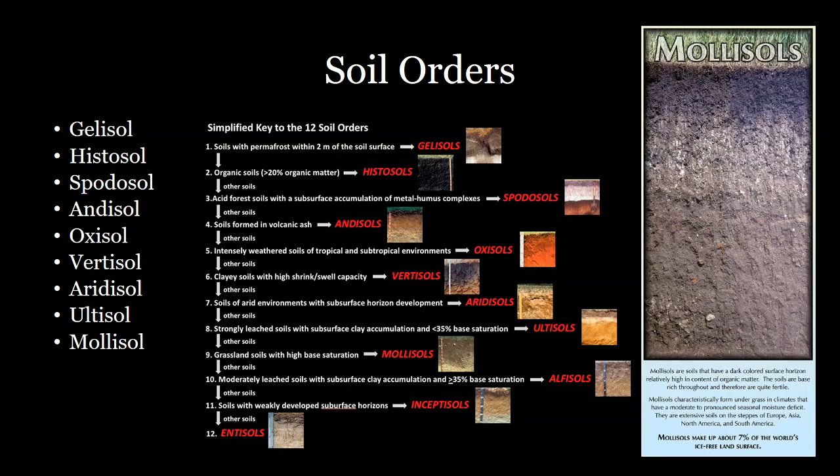Next, we have grassland soils or mollisols. So mollisols cover about 7% of the Earth's surface. And these are soils that you see in grasslands.